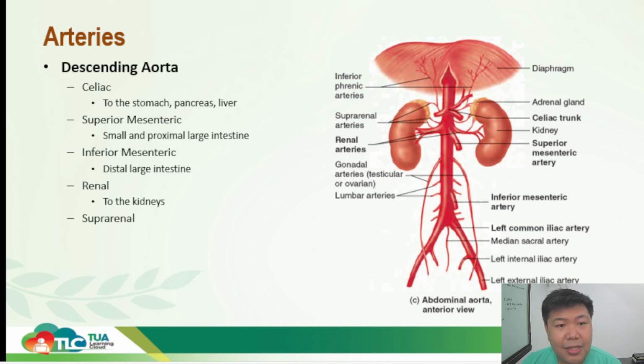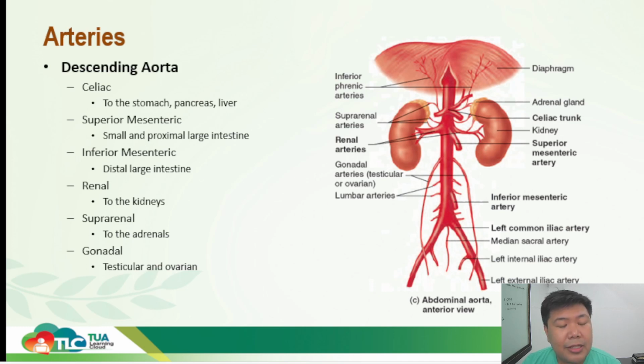The fifth one are the thinner arteries on top, which we call suprarenal, and they supply blood to the adrenal glands, since the adrenal glands are above or superior to your renal tissues or to your kidneys. You also have your gonadal arteries, these two long branches here at the sides, and they become your testicular arteries if you're a male or ovarian arteries if you're a female.